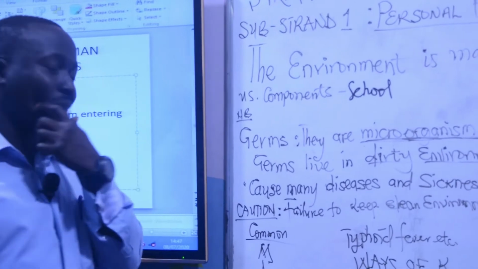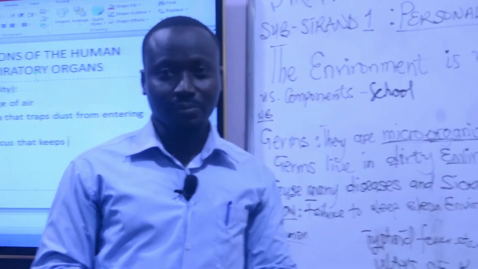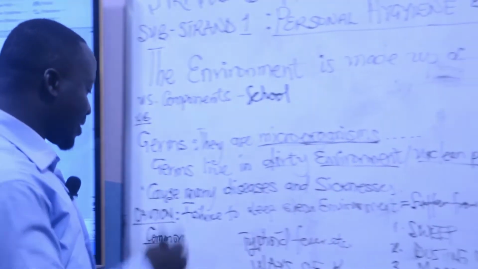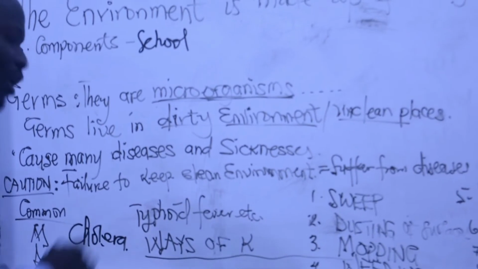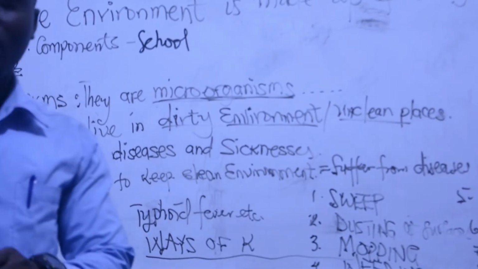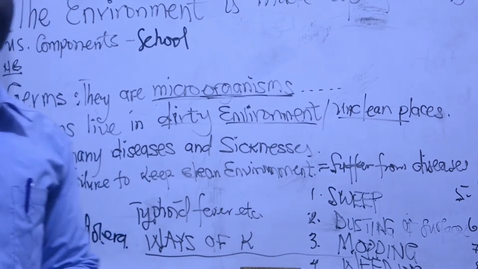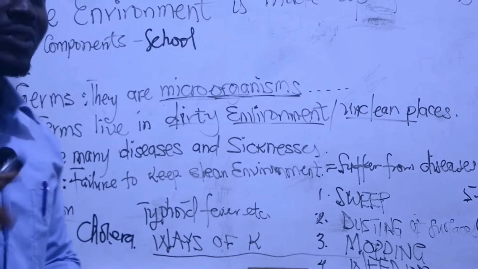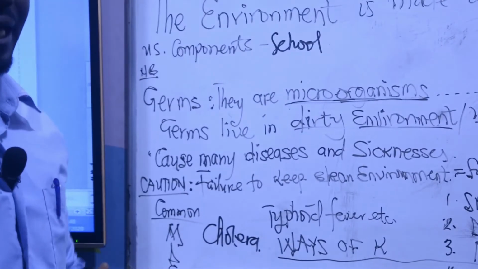Let's look at some of the sicknesses that are caused by germs. The commonest one is what we call cholera. I hope you all know what cholera is. Whenever you take in any dirty or filthy thing, you are almost going to fall sick.